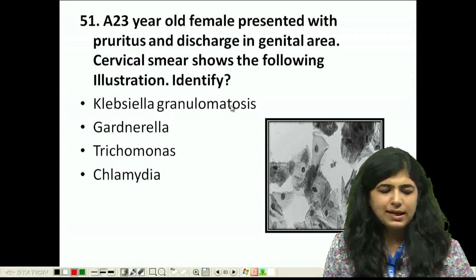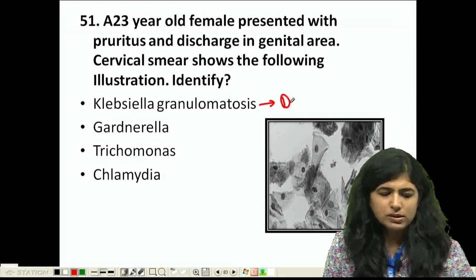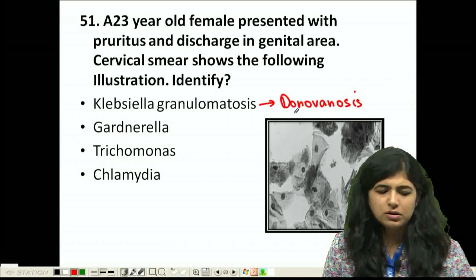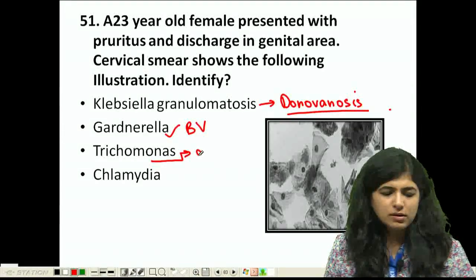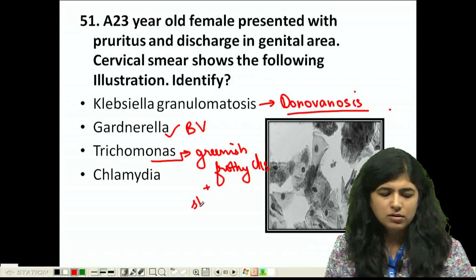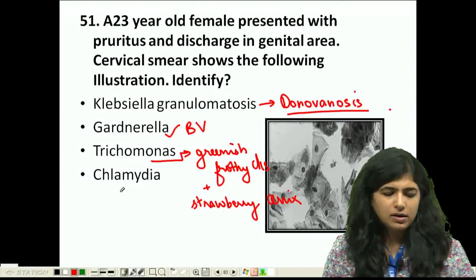What does Klebsiella granulomatis cause? Klebsiella granulomatis causes donovanosis. That is a cause of genital ulcer, not discharge. Gardnerella, I told you, causes bacterial vaginosis. Trichomonas causes a greenish frothy discharge with strawberry cervix.